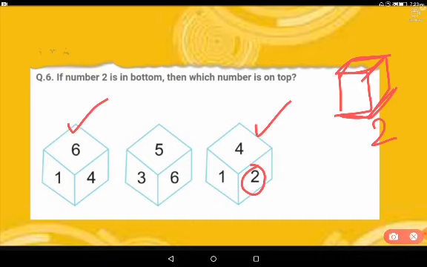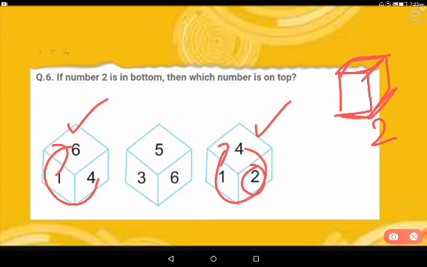Many were confused with the dice problem I discussed in the last NATA PTQ mini mock test video. Yes, you might have confusions. So check this out. From 4, start clockwise, and here also from 4, start clockwise.